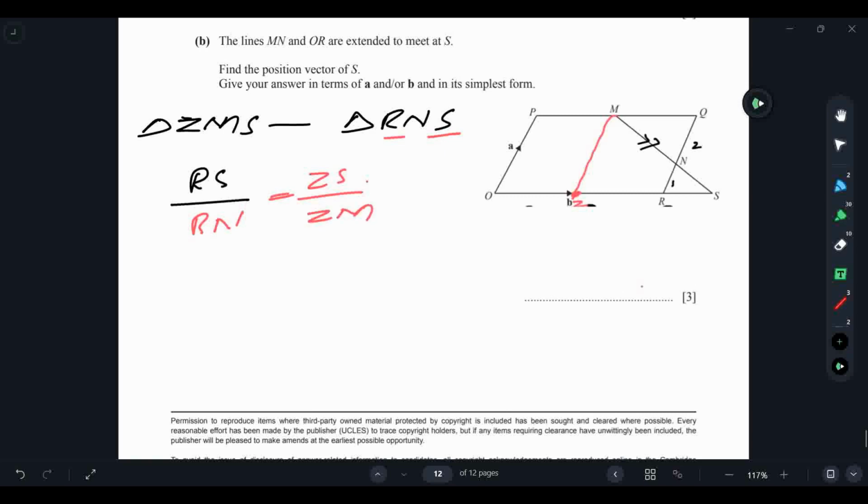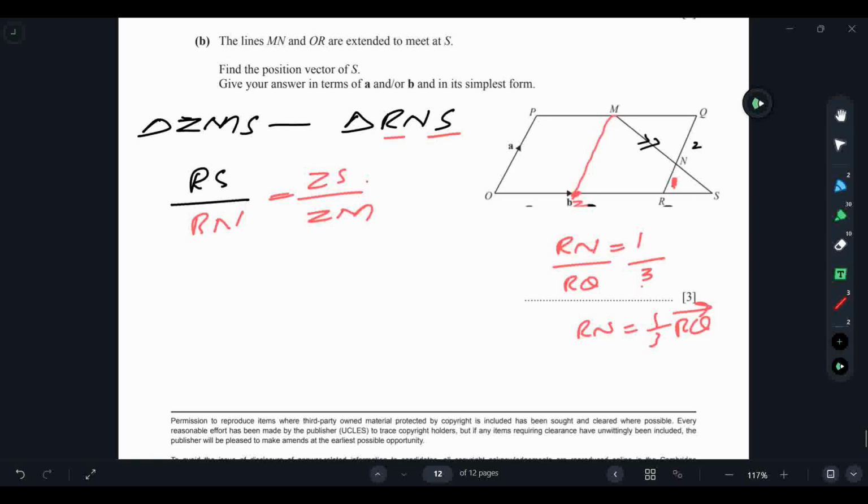Now we know that RN will be equal to what? We know the value of RN will be equal to 1 by 3 RQ, because if RN is 1, then RQ will be 3, and if we cross multiply, RN equals 1 by 3 RQ.